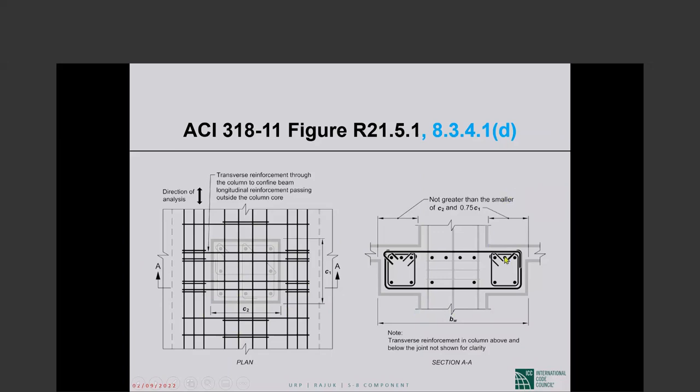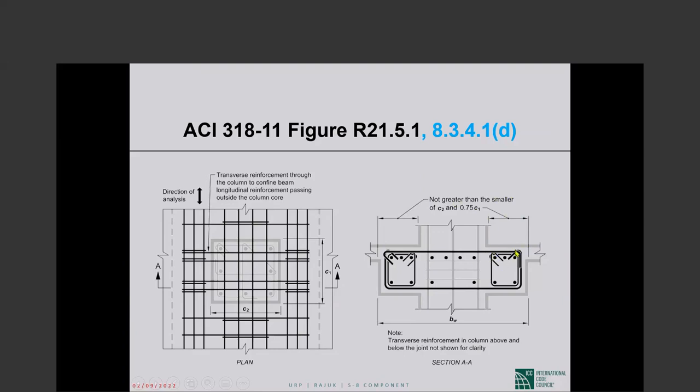Now, the ACI limitation is saying that this overhanging flange width, this width, cannot be any greater than the smaller of two things, c sub 2 or 75% of the dimension into the screen, 75% of c sub 1.